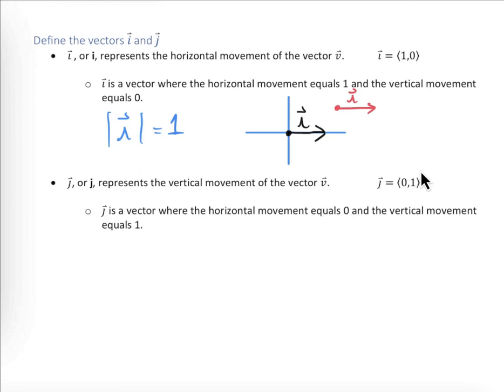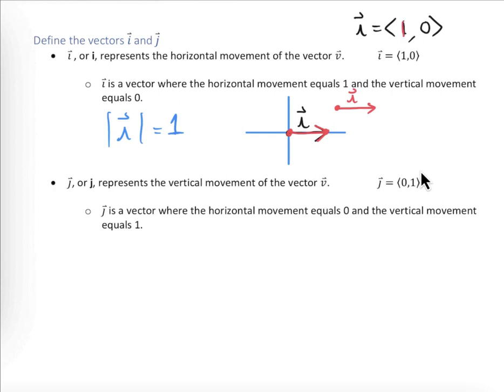We use the algebraic representation for our i vector to be 1 unit horizontally and 0 units up vertically to get from the initial point to the terminal point. We only travel 1 unit horizontally and no units vertically.